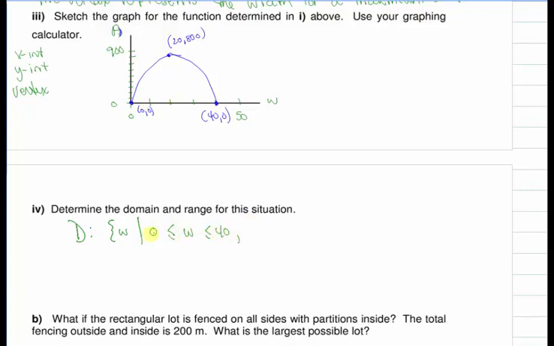Now, theoretically, 0 is not possible because you can't have a 0 width. Okay? So that's what I mean by the domain will just represent the graph. It doesn't represent reality because in reality you can't have 0 for a width. Okay, and for your range, we're using the variable A. And according to our graph, we are going to go from 0 up to 800 because that's our largest possible lot.